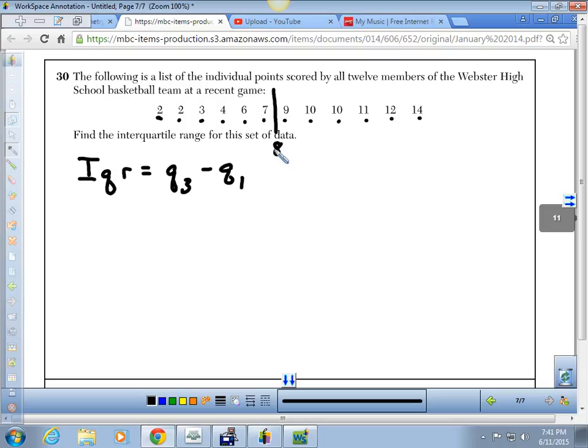So I have 1, 2, 3, 4, 5, 6 below, 1, 2, 3, 4, 5, 6 above. Now what do I do to find the lower quartile? Find the median of the lower half. Right here at 3.5.